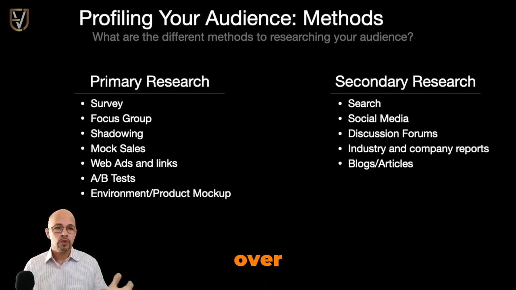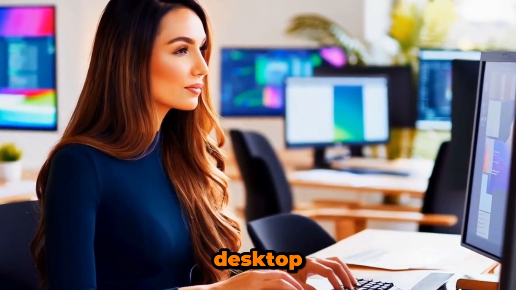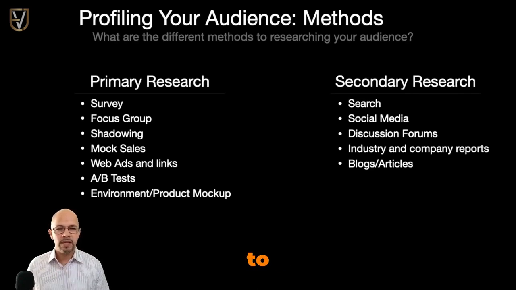So now let's switch over to the secondary research. In the secondary research, essentially, this is sitting at a desk and doing a whole bunch of desktop research. That's really what it comes down to. Some of the tools that are really good for this will be using search engines, trying to identify what are key phrases, and in the process of doing that, seeing what's available, going through the various social media, depending on the offer, the niche, and so on and so forth.